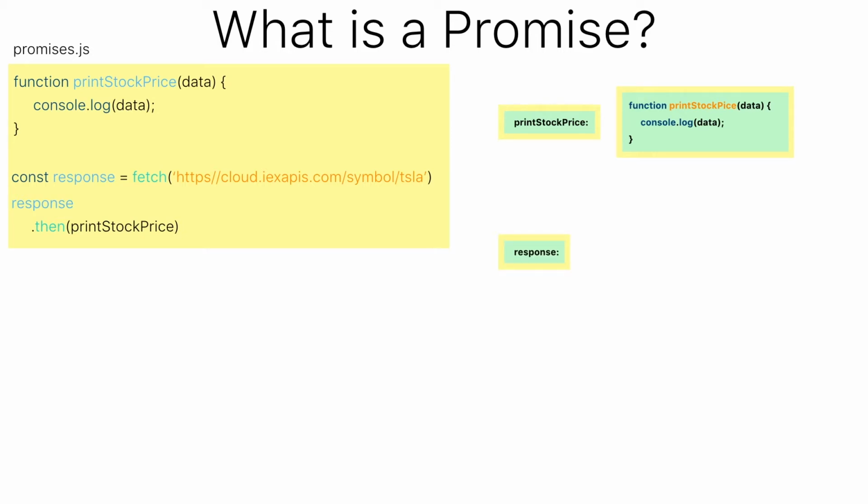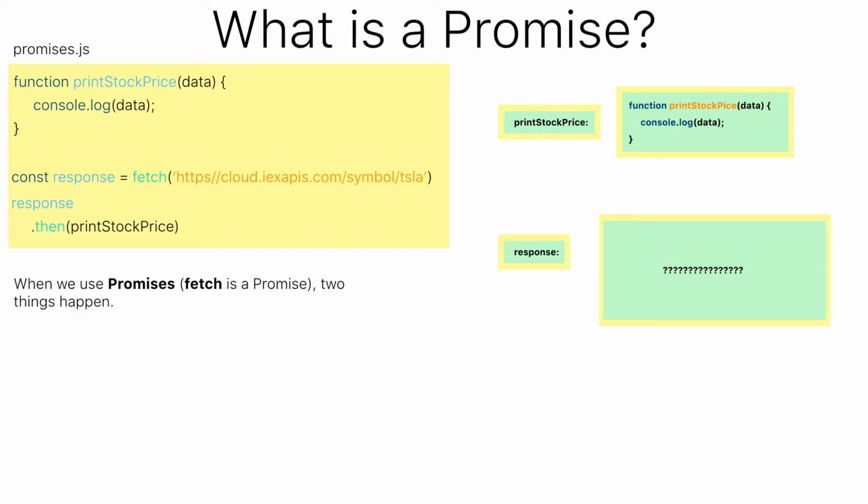And then here I am creating a const response, and here I am assigning the return value that is given to us after we execute the fetch function. But we currently don't know what that is, and in a moment we'll see exactly what that is.